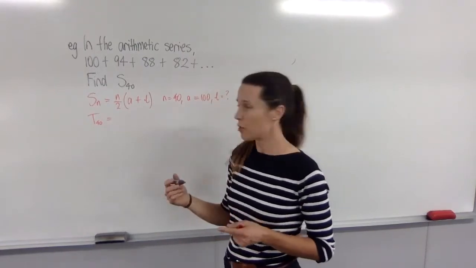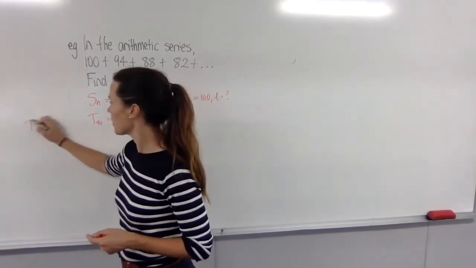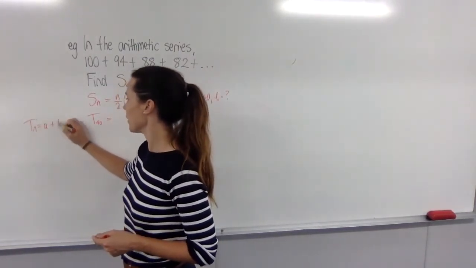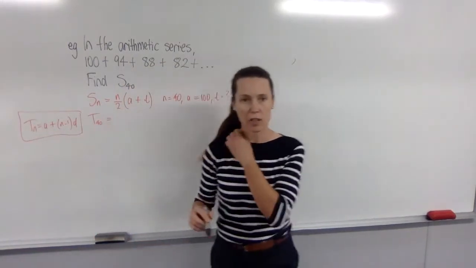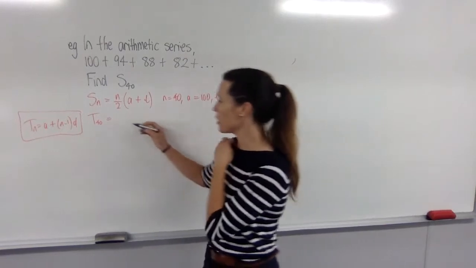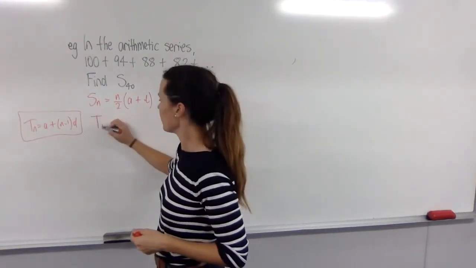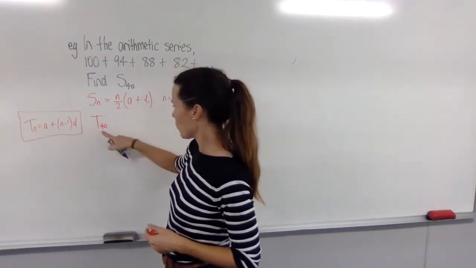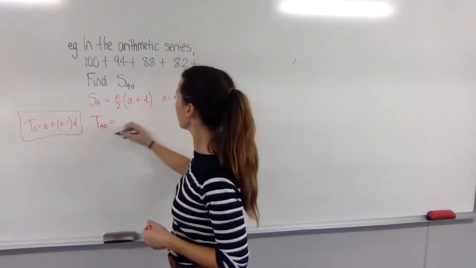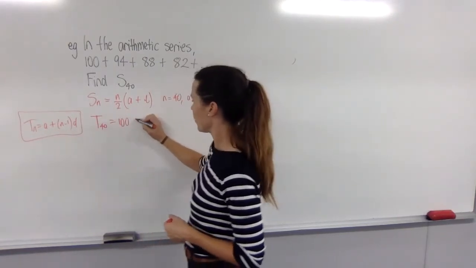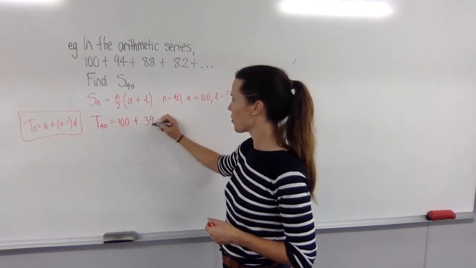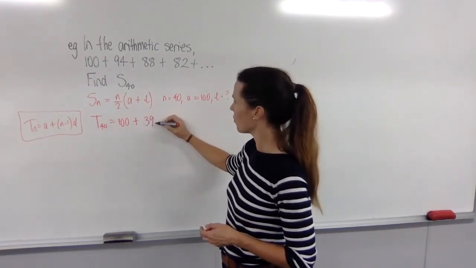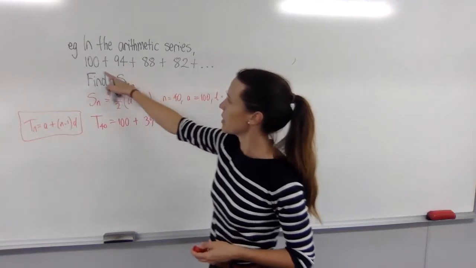So to find that last term, the 40th term, I'm going to actually go ahead and find that first. Now the formula that I'm using for that, of course, is Tn equals A plus (n minus 1)d. So that's on your formula sheet, and it should be something that you already are familiar with. So the 40th term, if I'm letting n be 40, I need A, which is 100, plus 40 minus 1 is 39, so I need 39 lots of D. Now we haven't identified yet what D is.